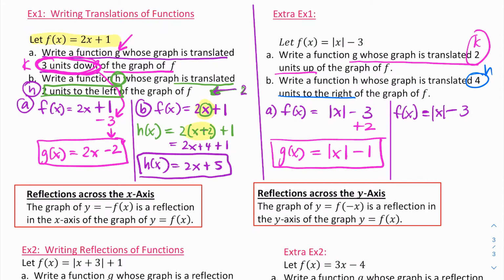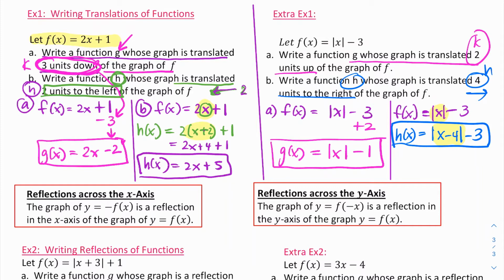And when we write that, 4 units to the right, we're going to write x minus 4. That's the h function, so h of x. The only thing that changed here is that we put a minus 4 inside.